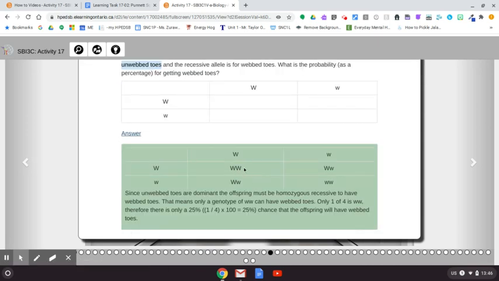So big W, big W, big W, little w, same thing. Since unwebbed toes are dominant, the offspring must be homozygous recessive to have webbed toes. So that only happens 1 out of 4 times, which is a 25% chance that you would have webbed toes, 75% chance you're not going to have webbed toes.